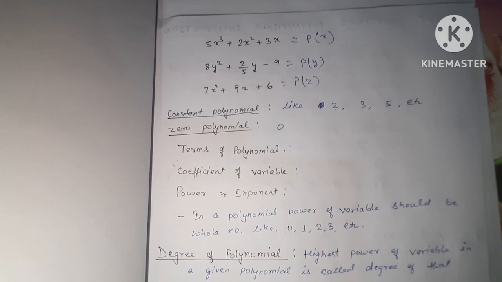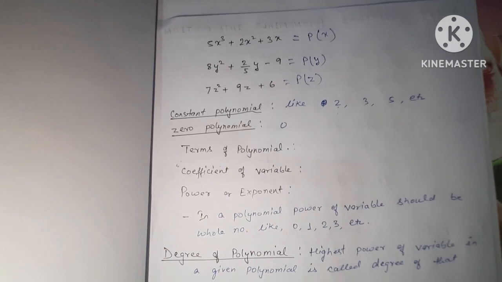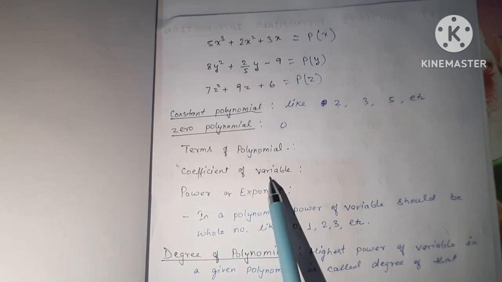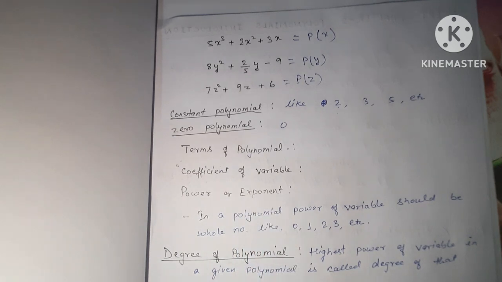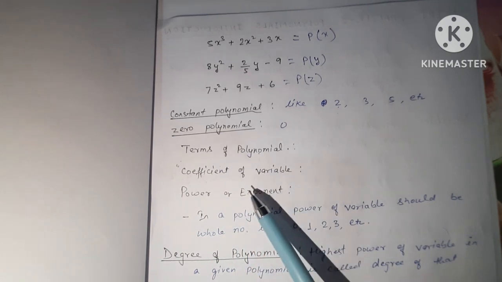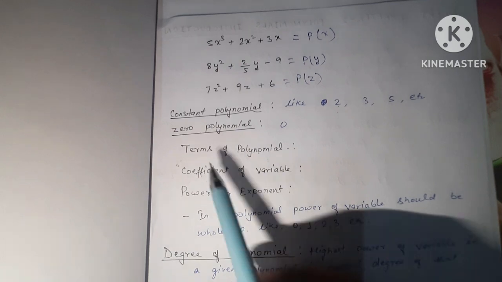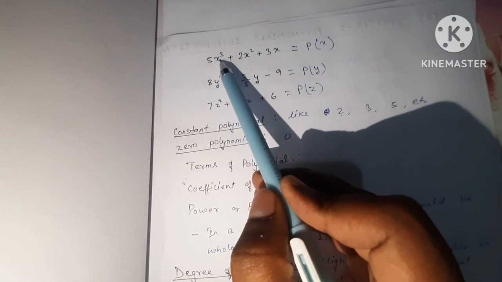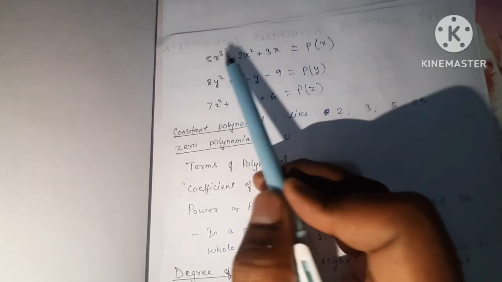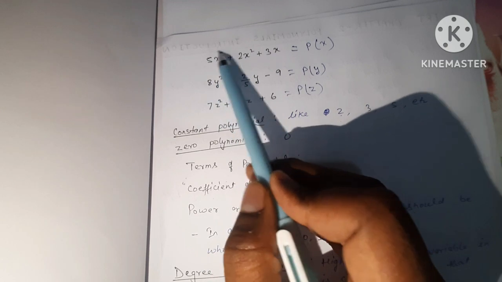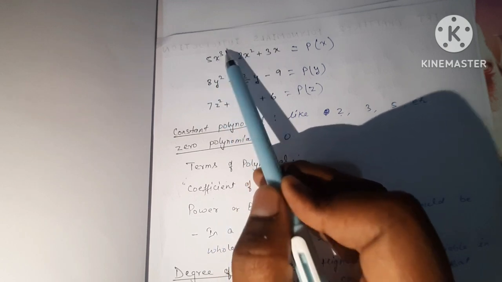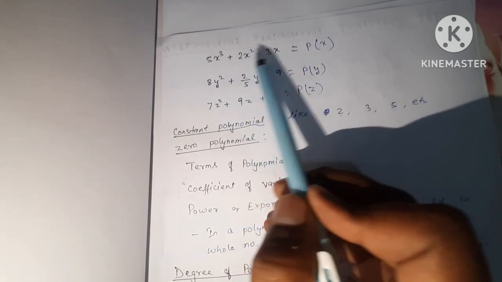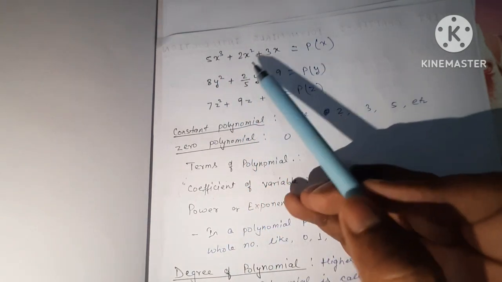Now there are a few points also, like terms of polynomial, coefficient of variable, power or exponent. These 3 points are most important. Term. If we see here 5x cube plus 2x square plus 3x, 5x cube is a single value, 2x square is also a single value, 3x is also a single value.